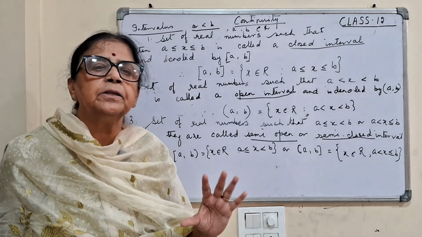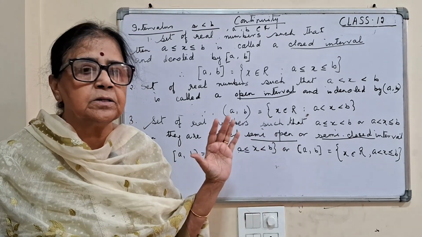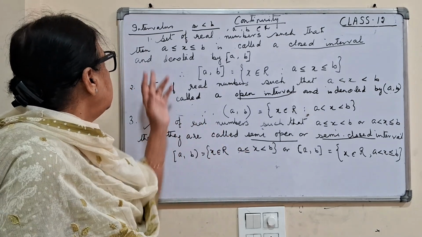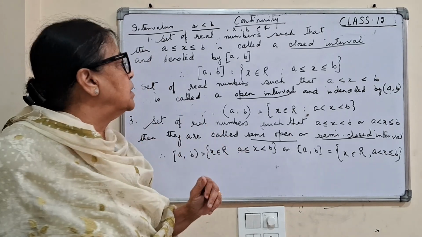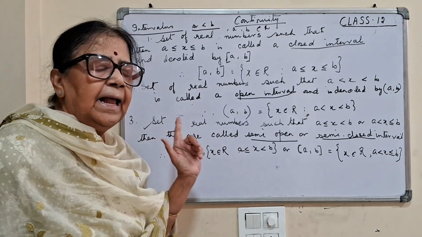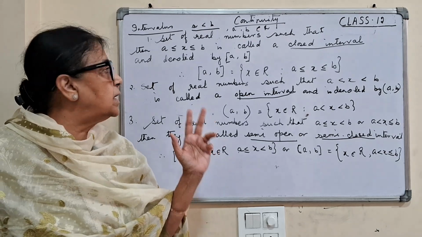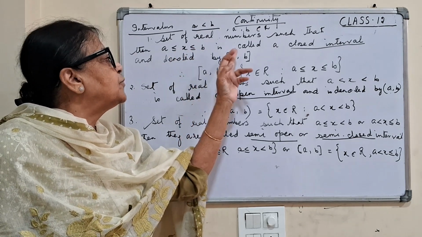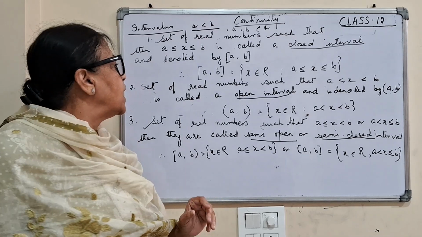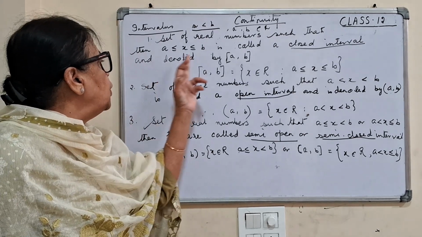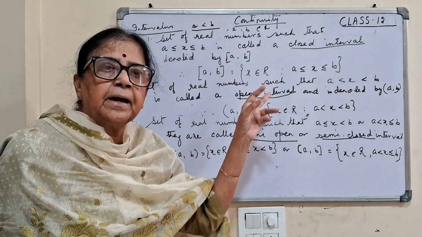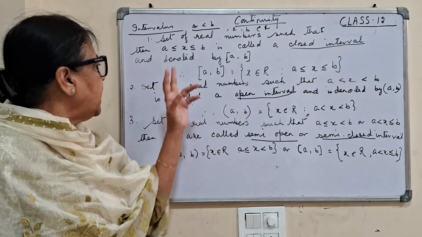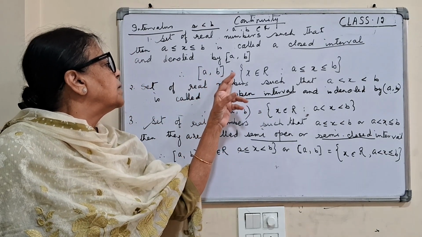Suppose A and B are two real numbers such that A is less than B. Then the set of real numbers x such that a ≤ x ≤ b is called a closed interval, denoted by square bracket [a, b].